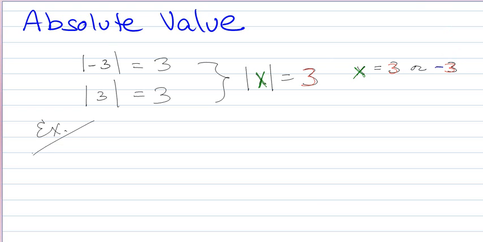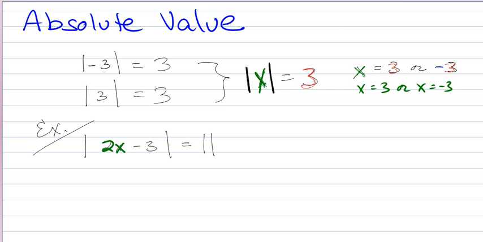So if I say, all right, the absolute value of 2x minus 3 is equal to 11. If the absolute value of blah is 11, then blah either has to be positive 11 or negative 11. Just like here. If the absolute value of blah was 3, then that meant that blah was equal to 3 or blah was equal to negative 3. We're going to do the same thing here.